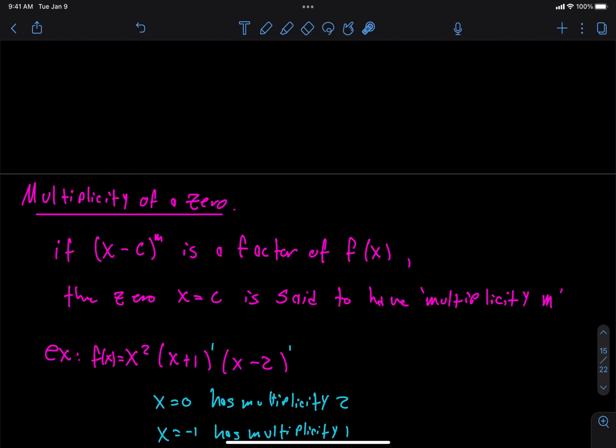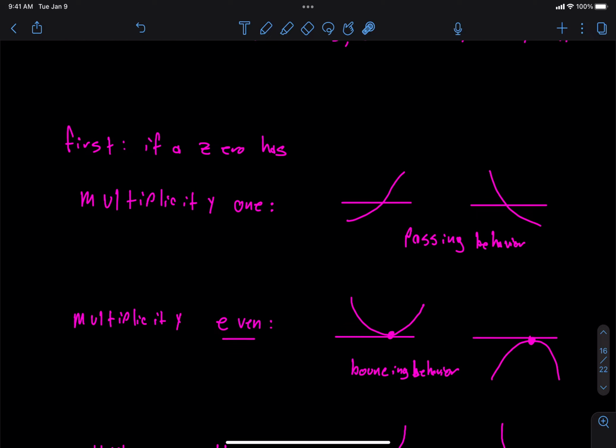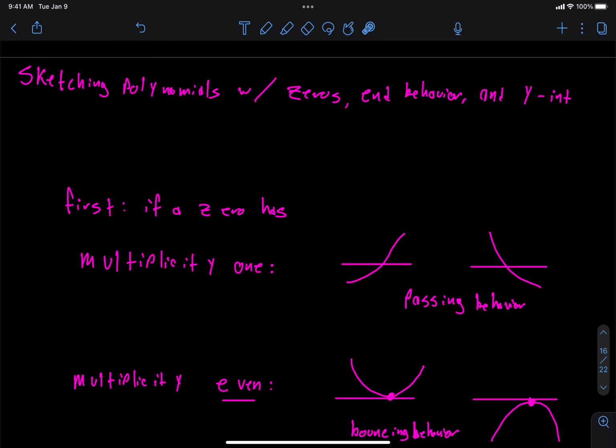We're going to learn another thing here, which is going to help us round out our understanding of the graphs of polynomials and help us sketch them without using a graphing calculator. So let's see what happens at a 0 of a polynomial depending on the multiplicity.